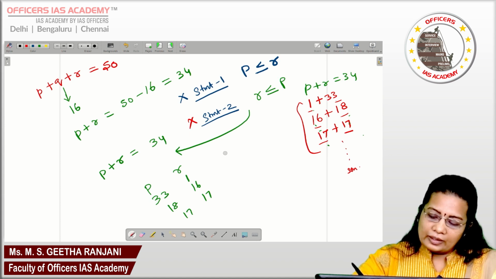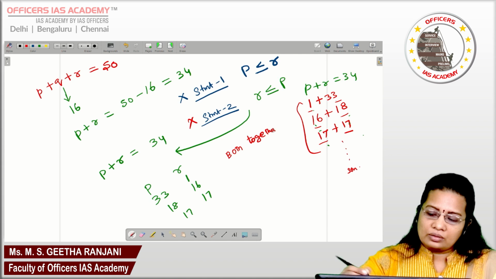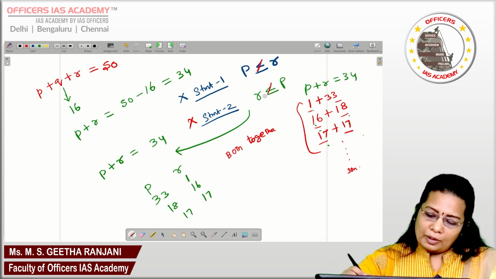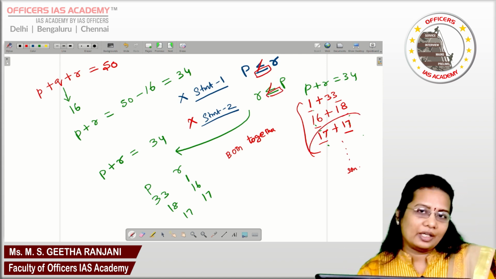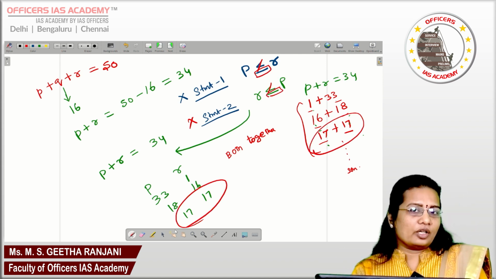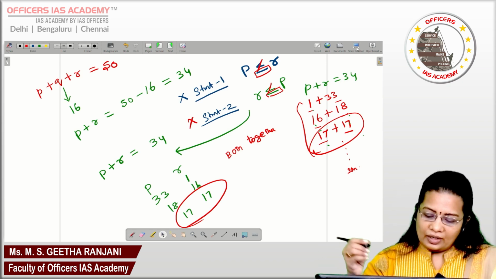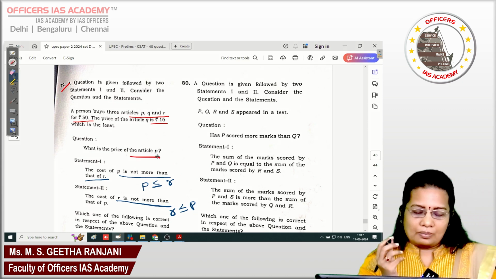Both together, let me take. Both together, what is the valid point? Here one is greater, here another one is greater. Here the common point is the equal symbol. Here 17 and 17, here 17 and 17. If you combine both together, you will be getting the value of P. They are asking you to find the value of P, the article price, right?